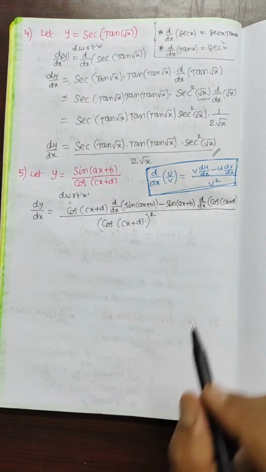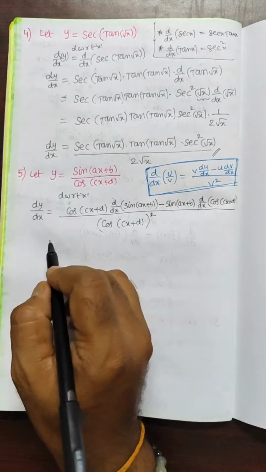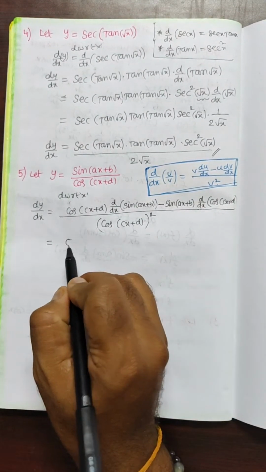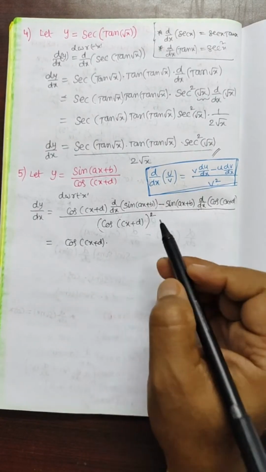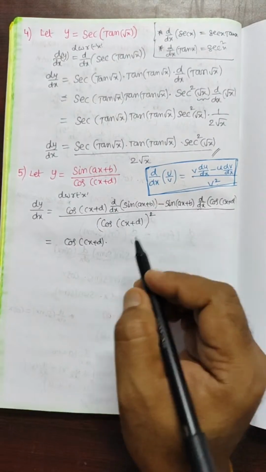So just we applied the formula. So which is equal to cos of cx plus d into d by dx of sine of ax plus b.